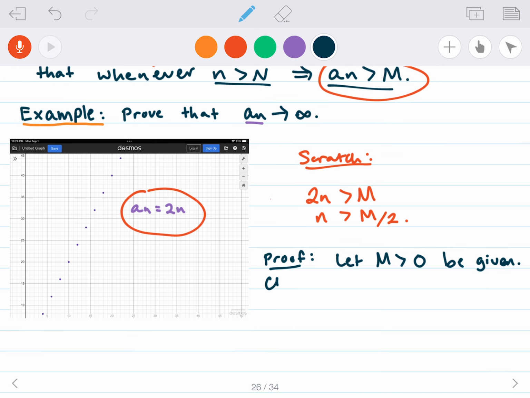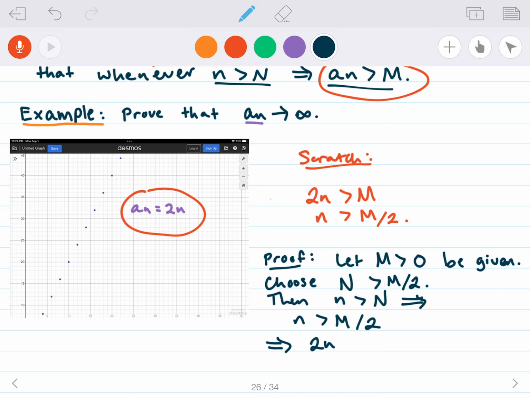Then we choose capital N bigger than m over 2. Then little n bigger than capital N implies that little n is bigger than m over 2, and hence 2n is bigger than m. Okay?